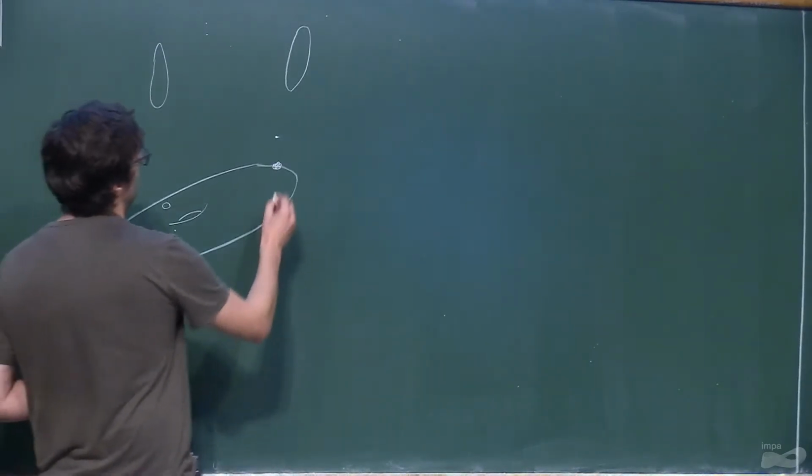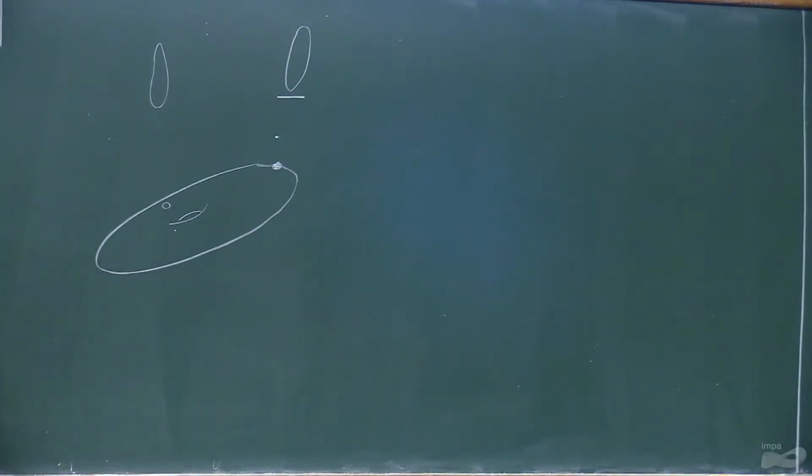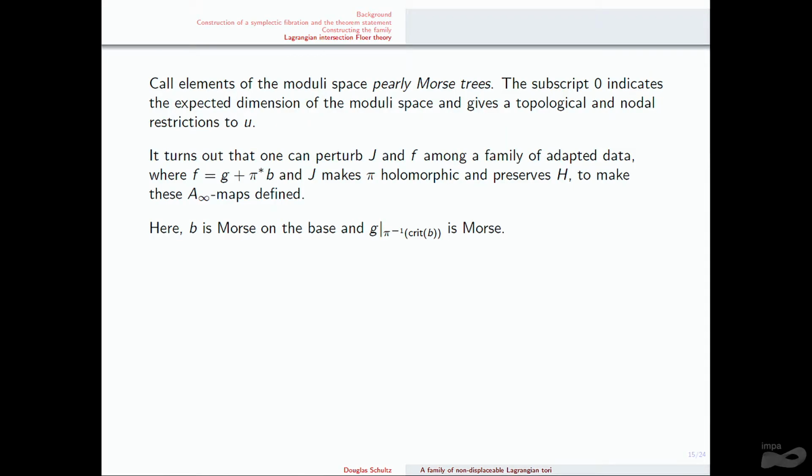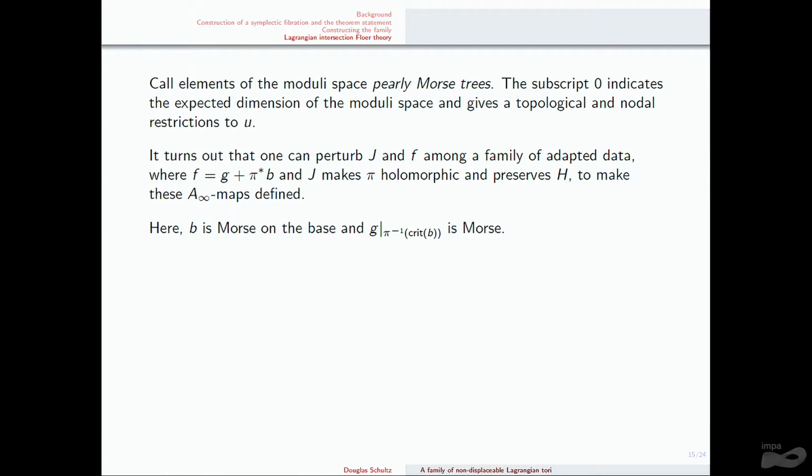So this guy here is something I'm interested in. So g on that is going to be Morse. And you can extend this by 0 and make sure that the derivative of g doesn't overcome the derivative of b, so it stays Morse. Okay. Let's not get to that yet.